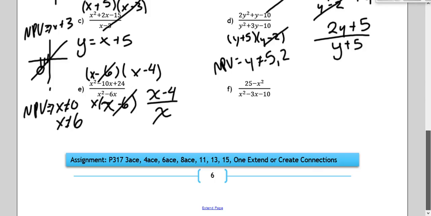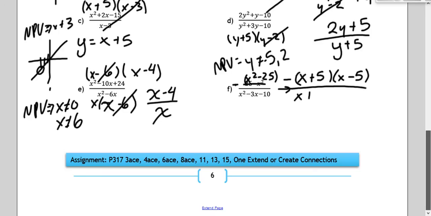Okay, I'm going to factor out a negative 1 here first. And that's just going to change this to x squared minus 25. So it kind of flip-flops for me, which is nice. That means that this now looks like x plus 5, x minus 5, negative, all over x minus 5 and x plus 2.